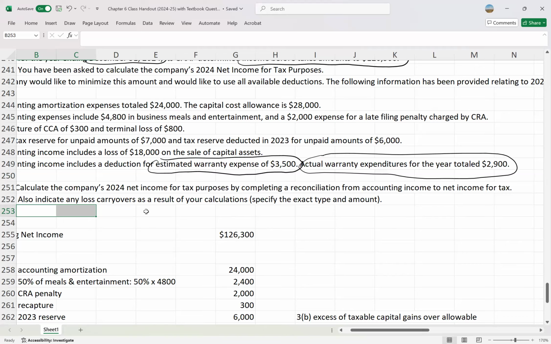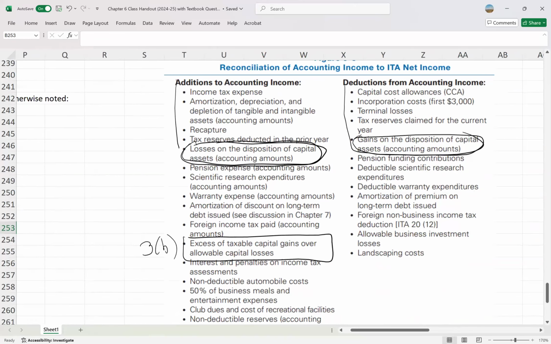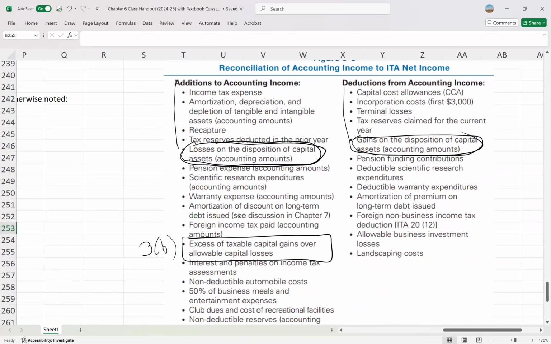So what are the tax rules with respect to warranties? The tax rule says you can only deduct the actual warranty expenditures. You cannot deduct the estimate. So what does that mean? If we go back to this schedule here, what that means is we have to add back the accounting amount.